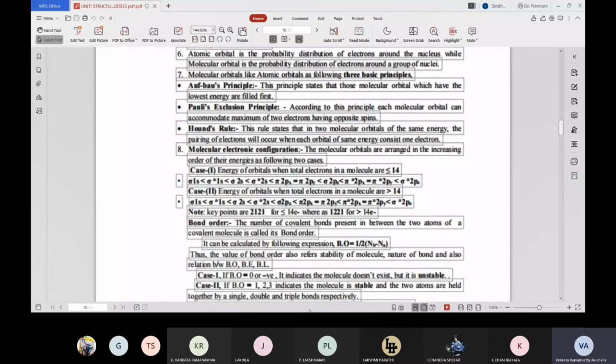That is an important bond order equation.